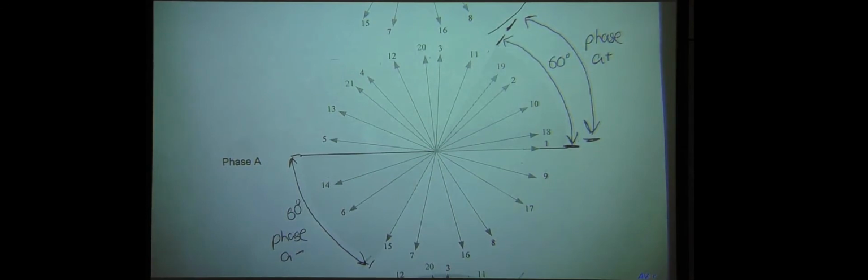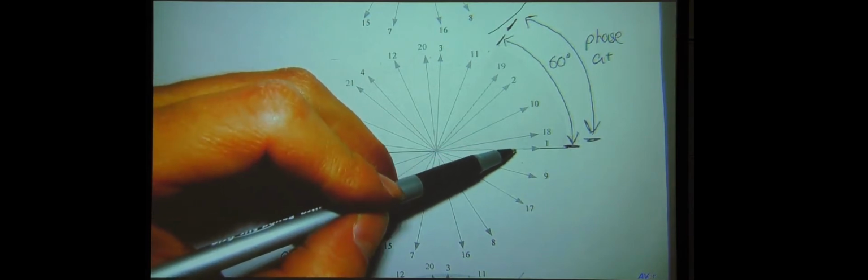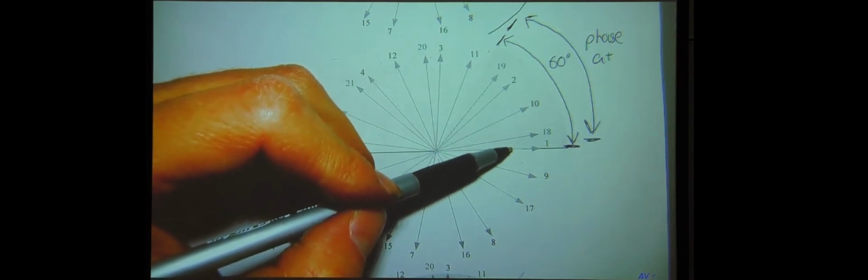Now looking at that, we could group the winding. In this region, we have 21 slots. So we need 7 slots for each phase, no more, because it needs to be even.